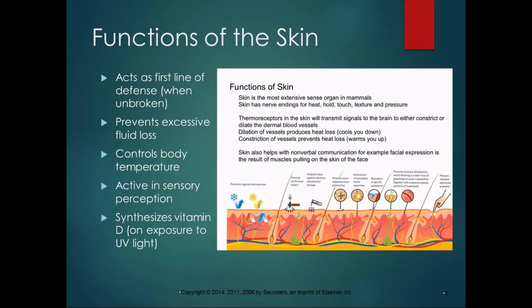So a huge important part of our skin is the sensory perception of the skin. And we will talk about this so much in neuro, it won't even be funny. We're going to talk about all the mechanoreceptors and everything else, and how important that sensory feedback is for everything. Sensory feedback is important for motion.